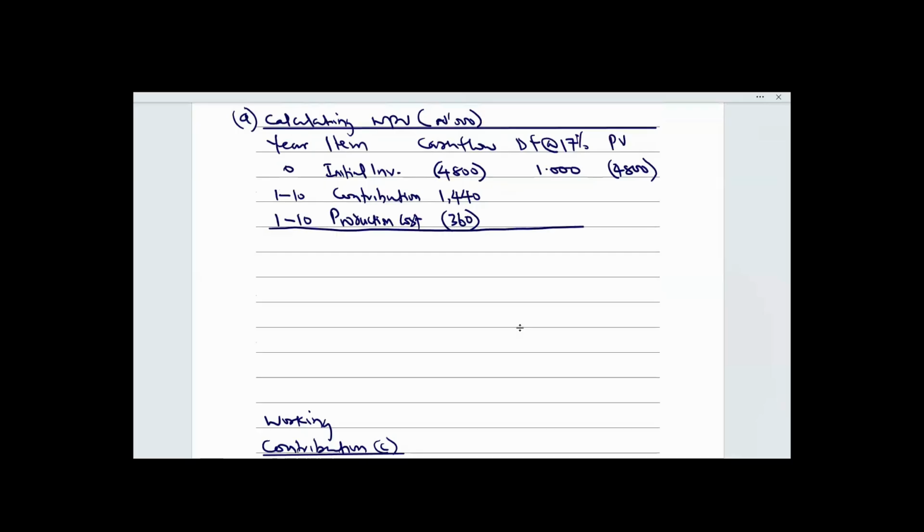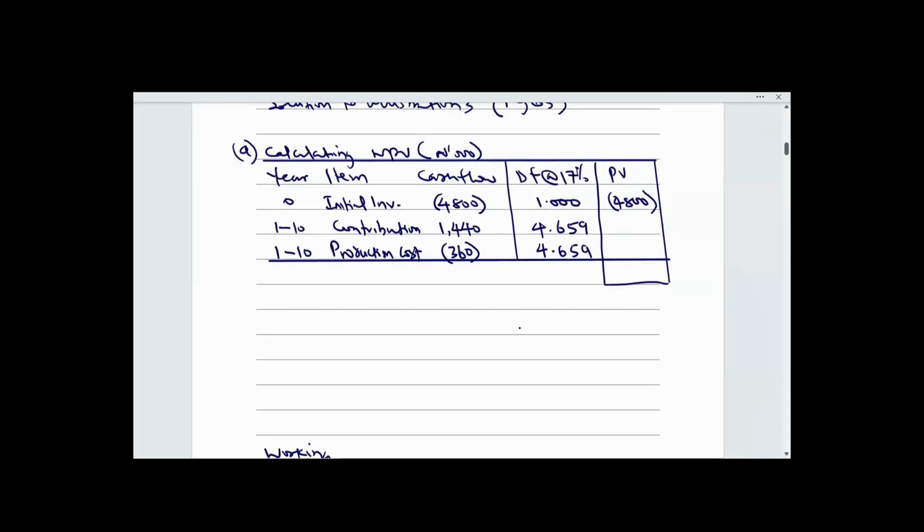So we need to calculate annuity factor of year 1 to 10 at 17%. What do you have? 4.659. That's the annuity factor of year 1 to 10 at 17%. All right.